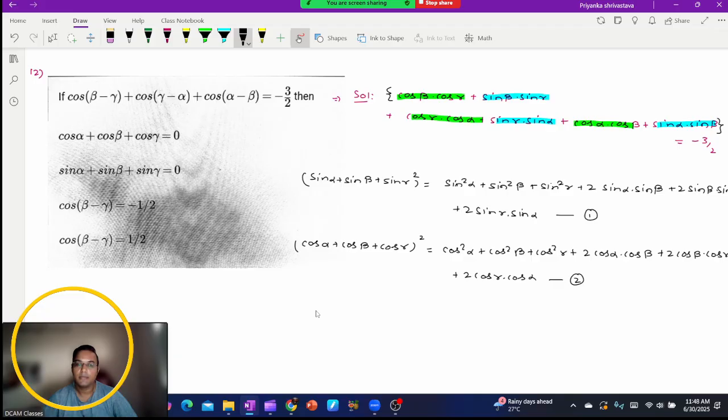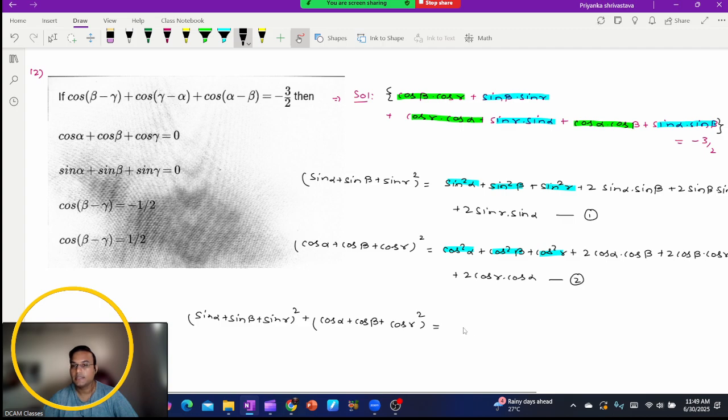Now if I sum these two, I'll get in the LHS sin alpha plus sin beta plus sin gamma whole square plus cos alpha plus cos beta plus cos gamma whole square, and that's equal to, see, these two terms when they add give 1, this will add give 1, this will add give 1.